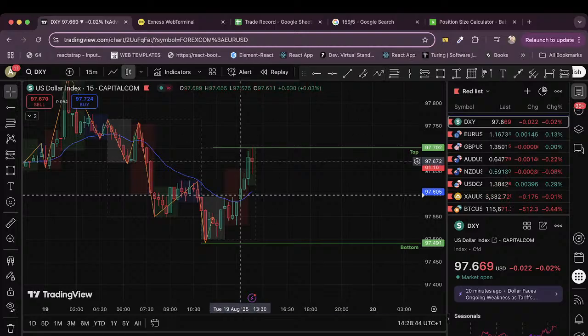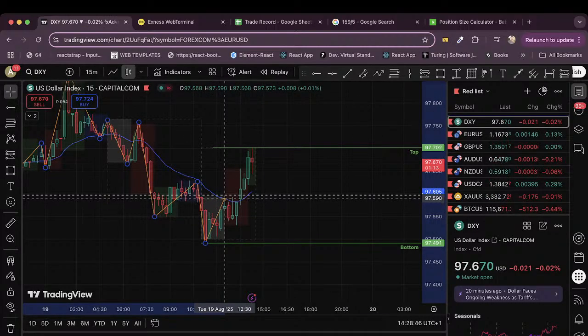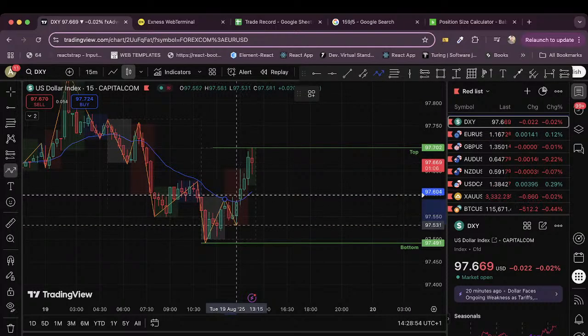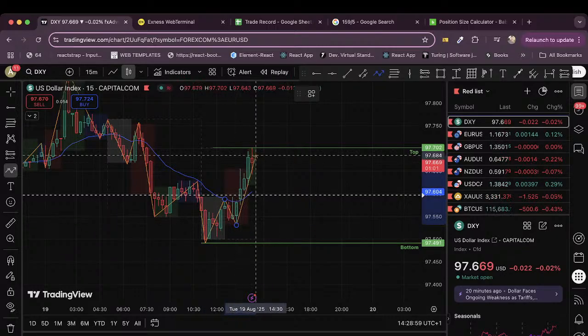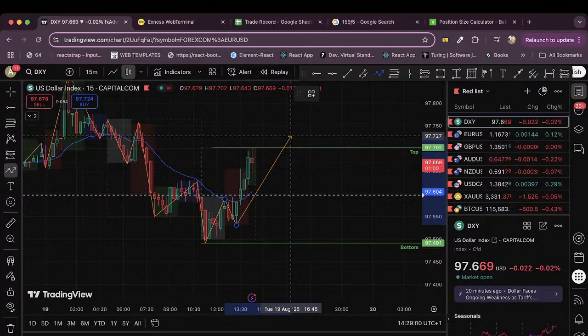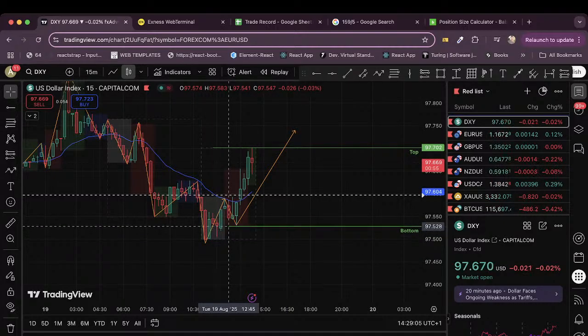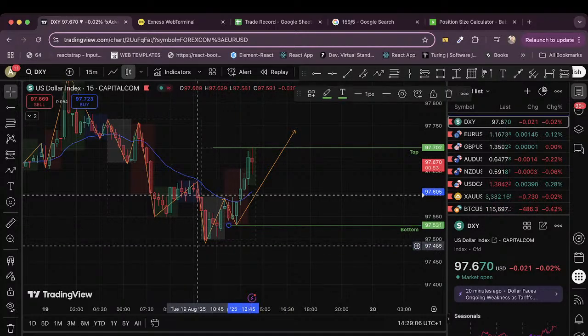We had a very slight pullback there, so maybe our low might come up a little bit. We have this here before the market plunged up. So I would recommend this to be our bottom rather than that one there.